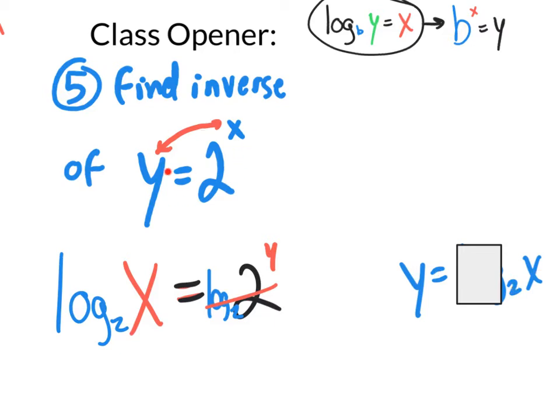That's a very important truth: the inverse of a basic exponential growth or decay function, an exponential function without h or k, will be the logarithm of that same base with the x. And if I do the inverse of a logarithmic function, all you got to do is pretend that it's not a log and just pretend that it's y equals 2 to the x. And that's the actual inverse of it. Okay? That's going to come into play in a little while.